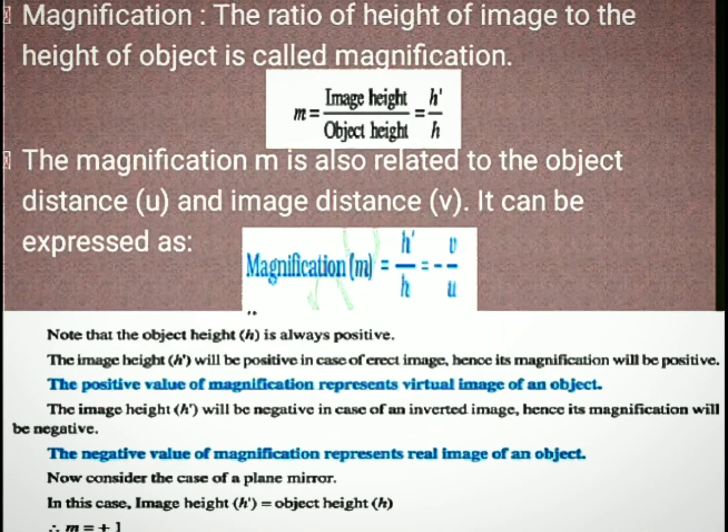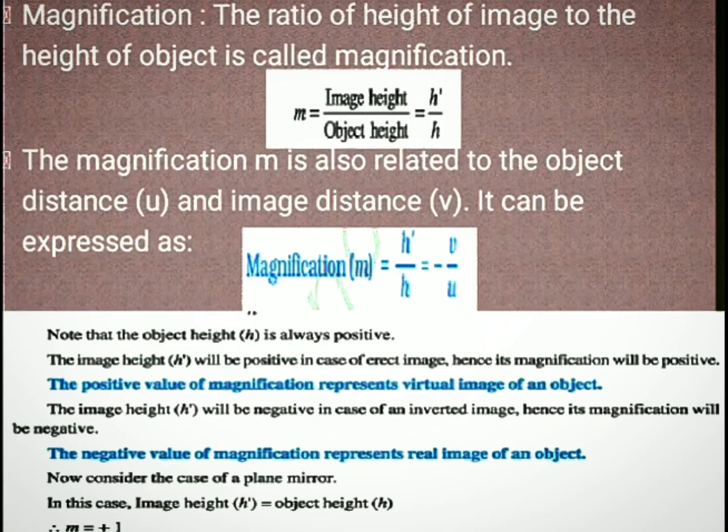Let's see what magnification is. We have seen earlier that images formed by spherical mirrors may vary in size. At some positions we obtained magnified images, whereas at some positions we obtained highly diminished images. So the ratio of the height of the image to the height of the object gives us the magnification factor of that image.